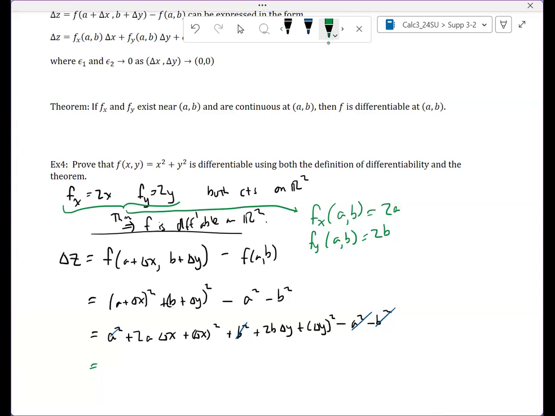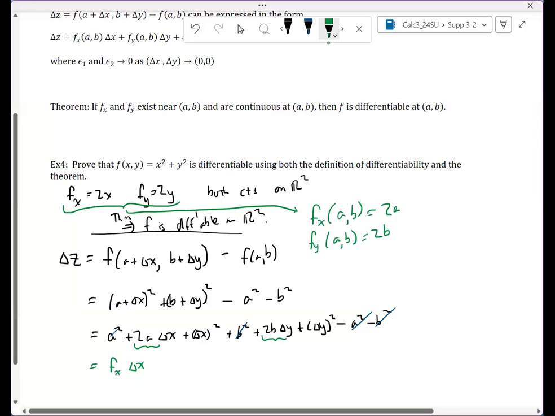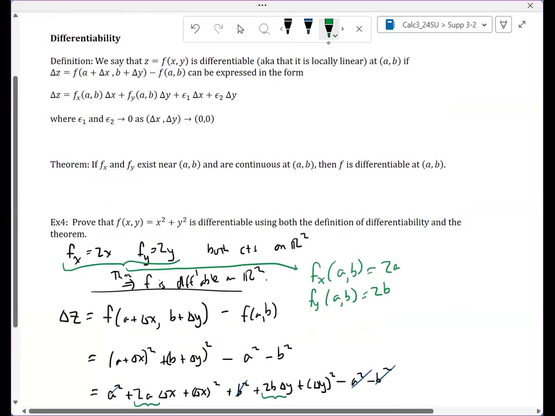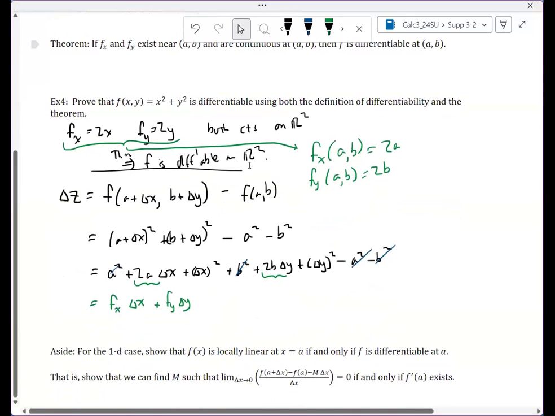So this equals, well, 2a delta x is f_x delta x. 2b delta y is plus f_y delta y. So that's these two terms. And everything that's left over has to get wrapped into these epsilon terms.